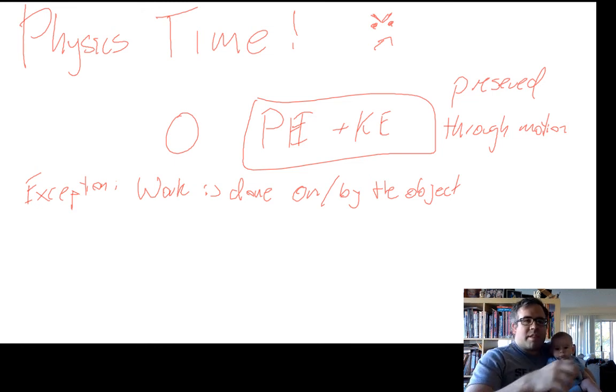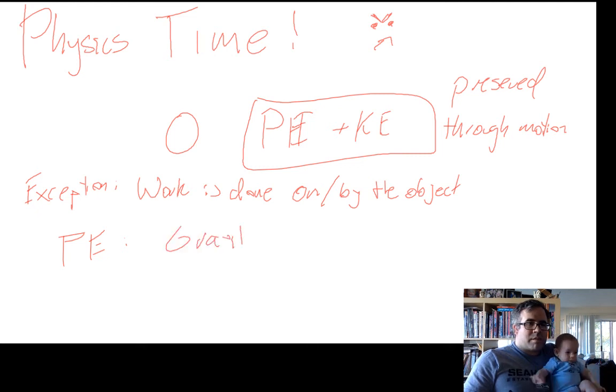So you'll often see this in cases where you've got two kinds of potential energy. The two kinds are, of course, gravitational, which is the mass of the object times gravity times the height. And then you've got spring. I think that's pretty much the only two you have to deal with.